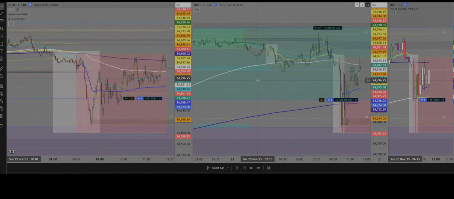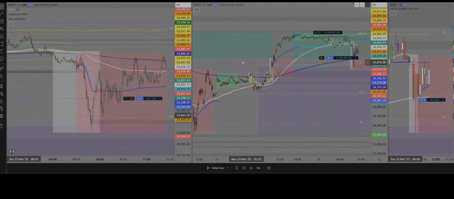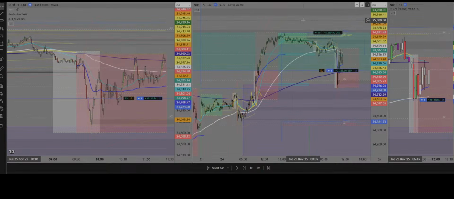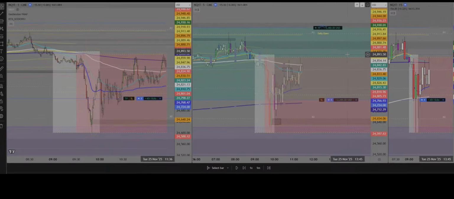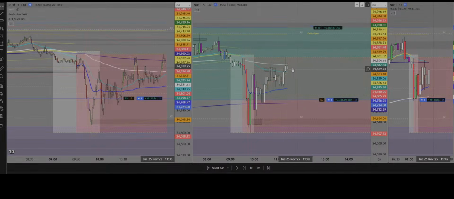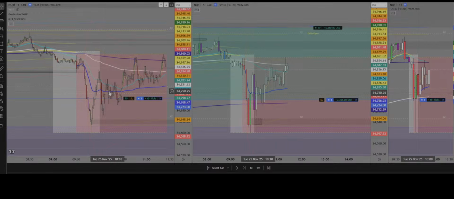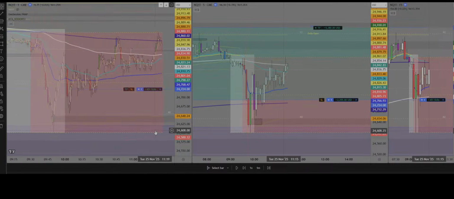Thinking that's what we need to do here. Let's try that. Let's see, because we're now above the 50 on the 5. We'll give it a little bit longer.